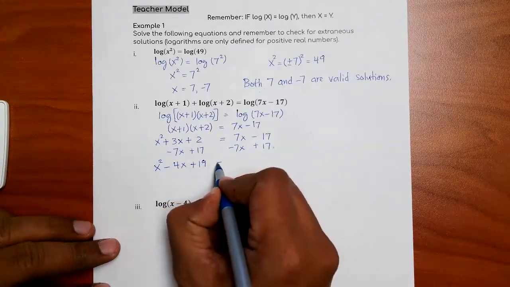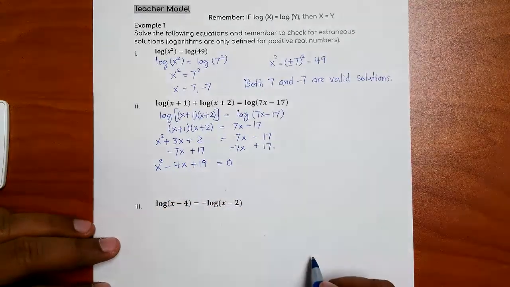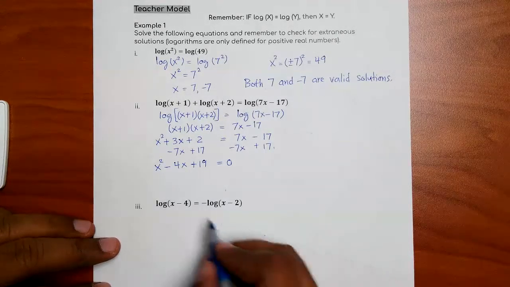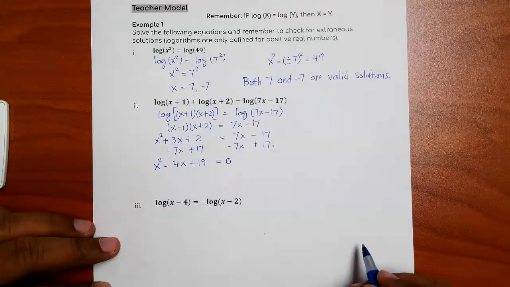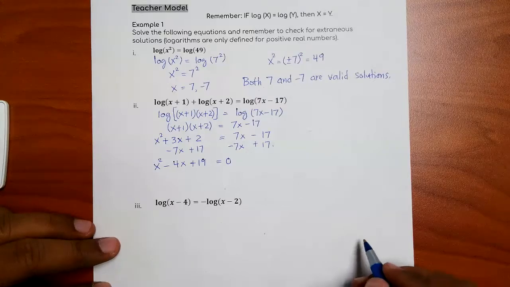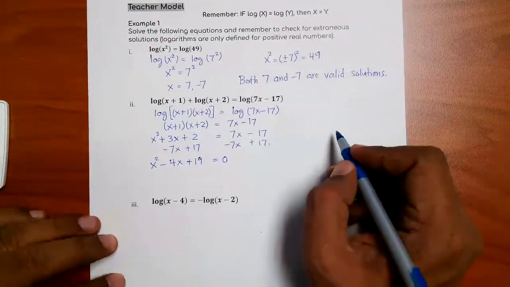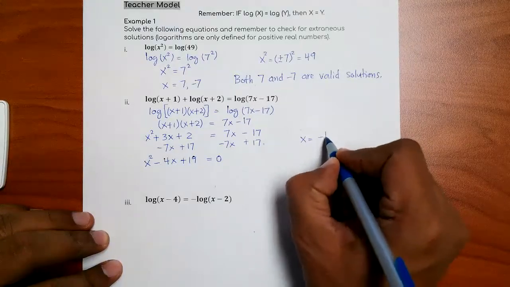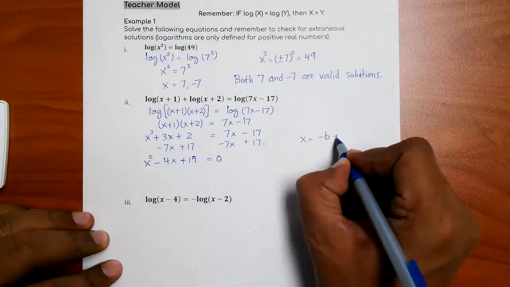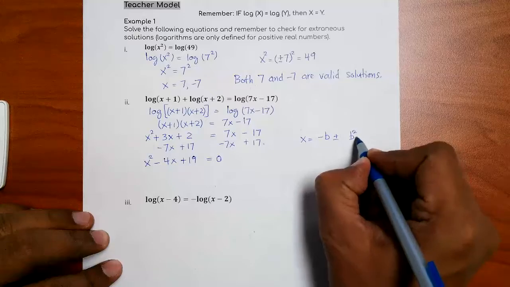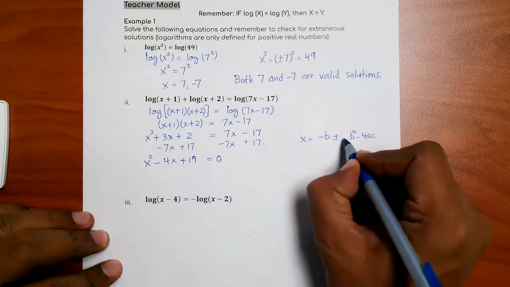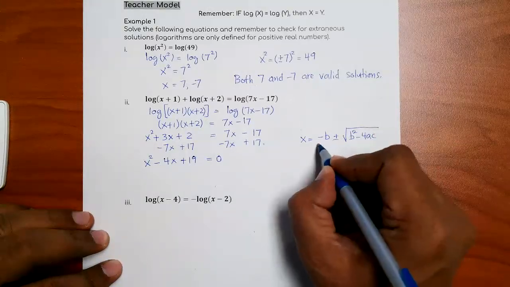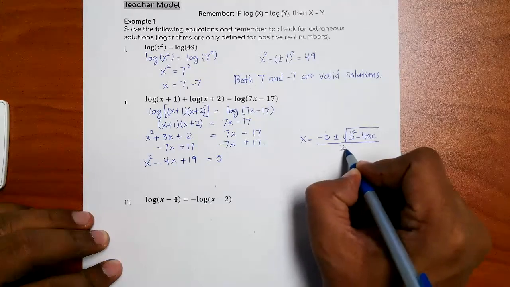equals 0. Okay, so now 19, obviously we cannot solve it directly, so we'll use the quadratic formula. X equals negative b plus or minus square root of b squared minus 4ac, upon 2a.